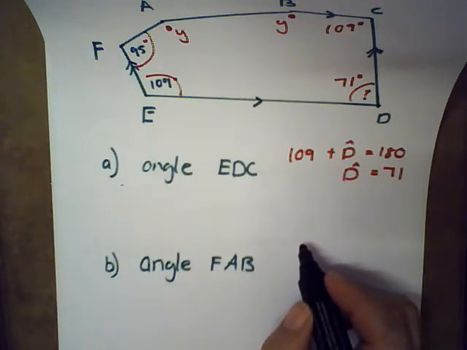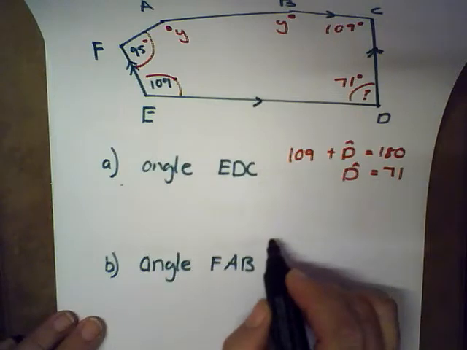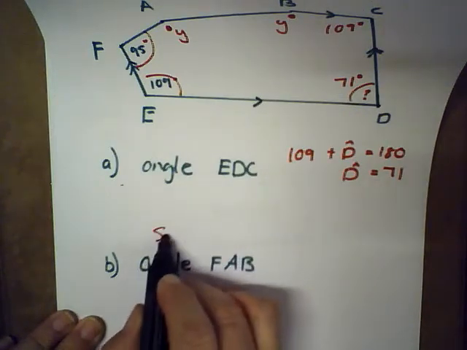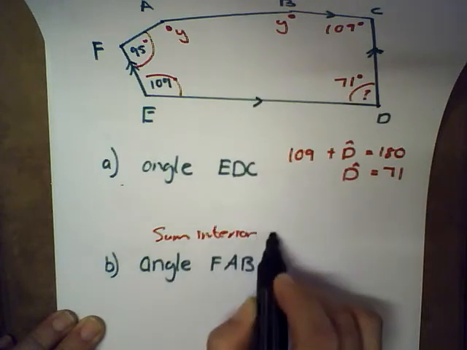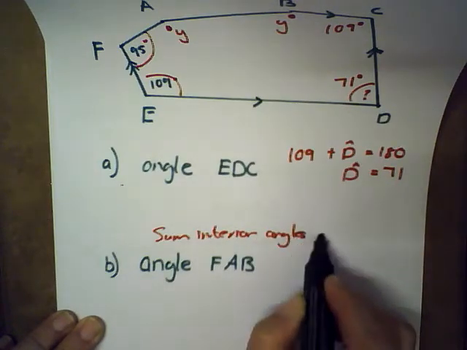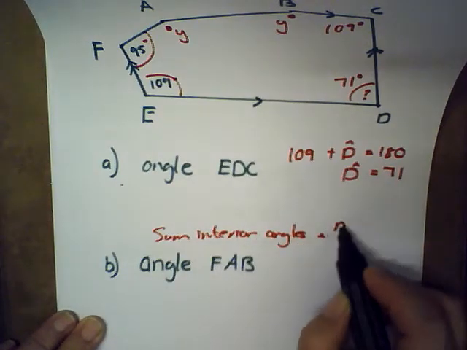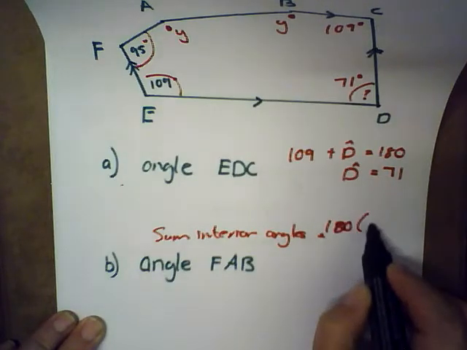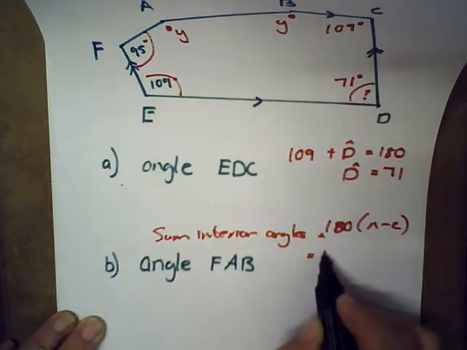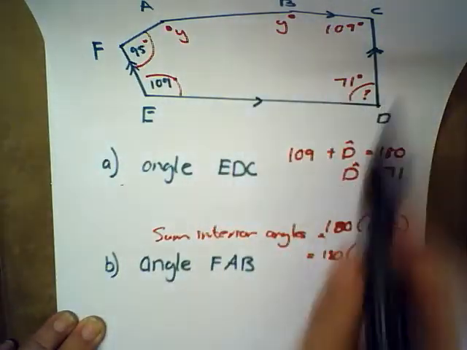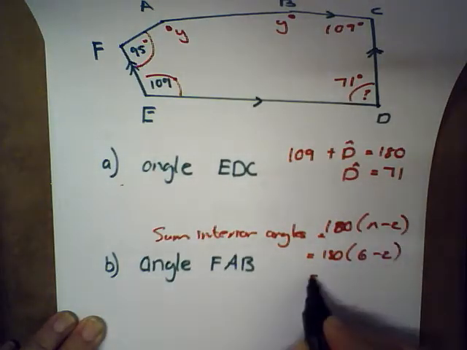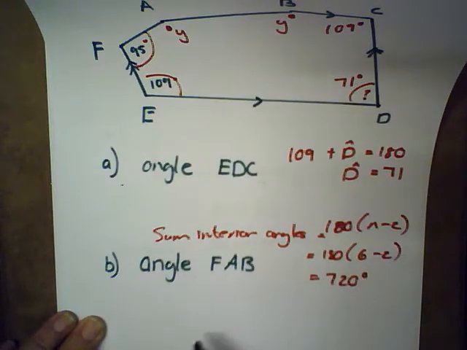So we have to find the sum of the interior angles. I'm just going to write here the sum of the interior angles would be n minus 2, times 180. There are 1, 2, 3, 4, 5, 6 sides. That should give us 720 degrees, quite a large number.